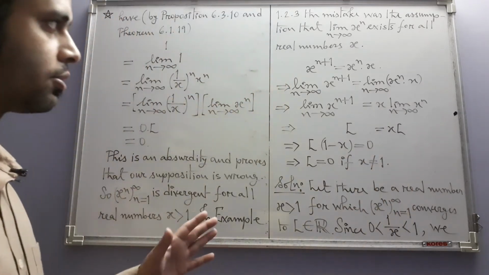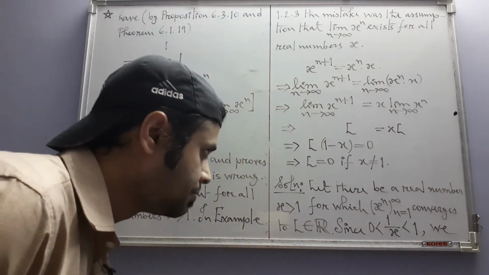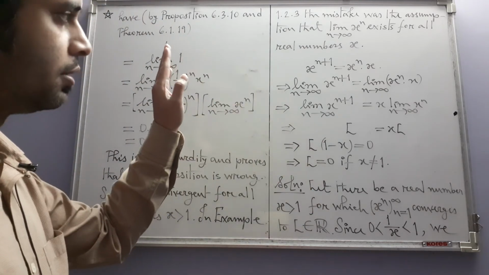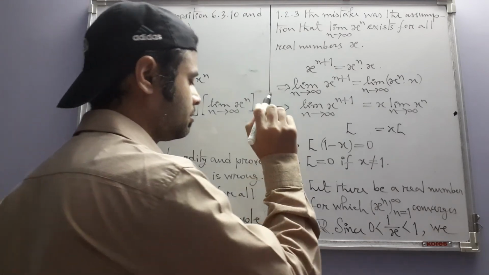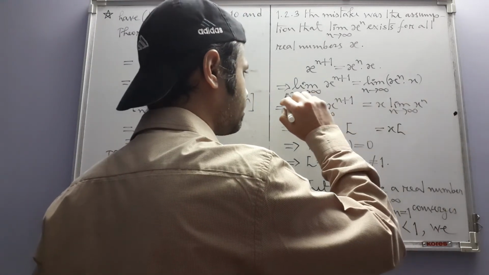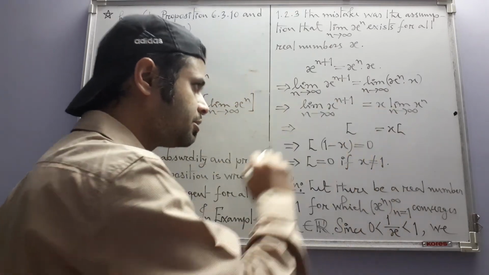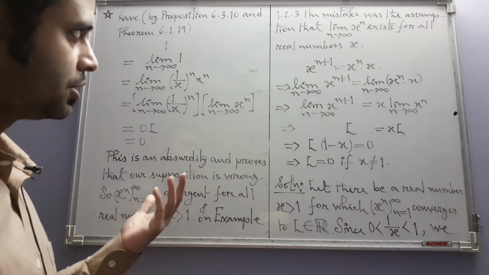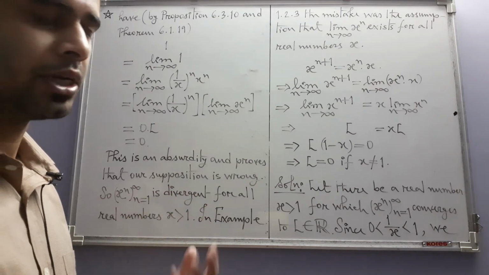So that's the conclusion we made back then. But the mistake is here itself in the very assumption that these limits exist for any real number x, which is not true. So that's where we made the mistake.